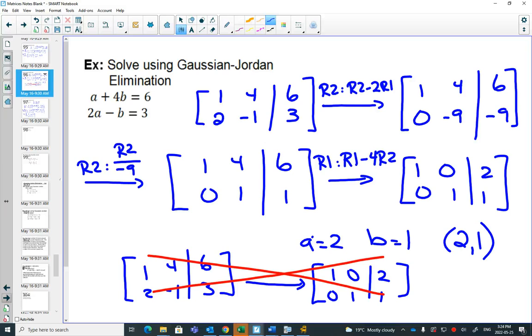If you didn't have this, sometimes your brain will do row 1 minus 4 row 2, you'll get the number and write it in row 2 without realizing why you were doing that. So I like writing which row got changed, to see what I've done.